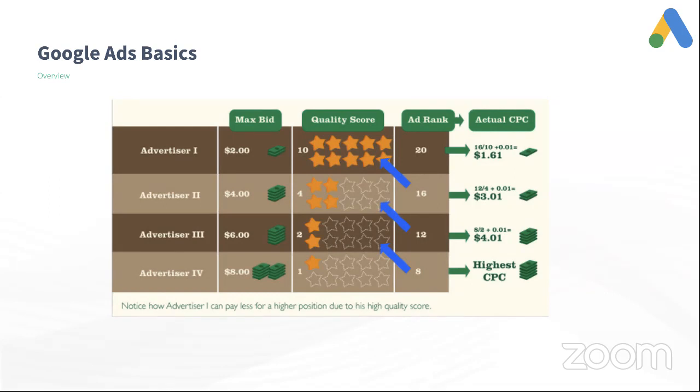As you can see in this scenario, advertiser 1 has the maximum bid, which is a quarter of advertiser 4's bid, and their ad is shown. And they were billed less. They didn't actually spend the full $2, they spent $1.61, because their ad rank was higher and their quality score was far better, because Google realizes that these guys produce quality information.